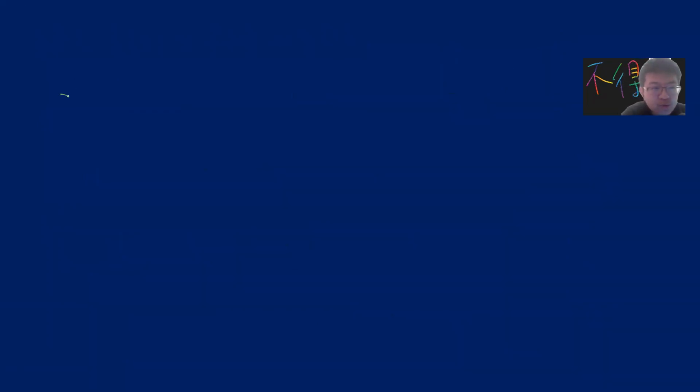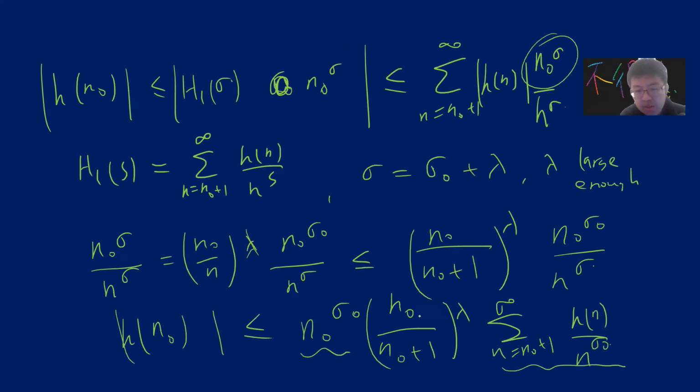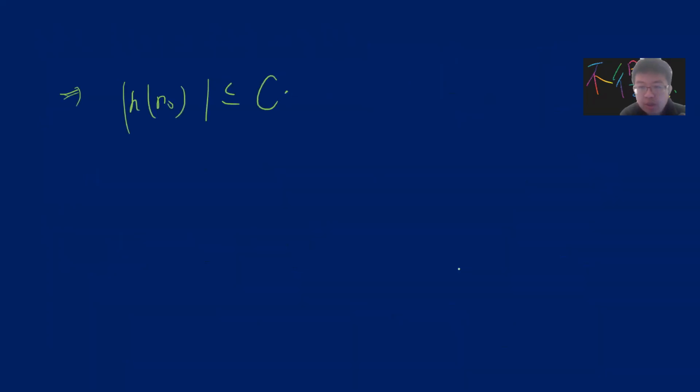Which proves that |h(n_0)| is less or equal to some constant c times (n_0/(n_0+1))^lambda.